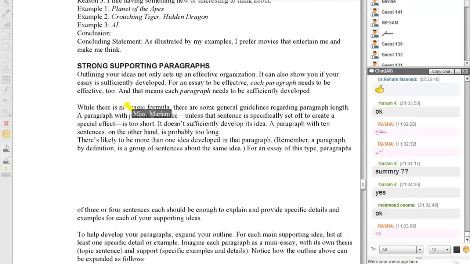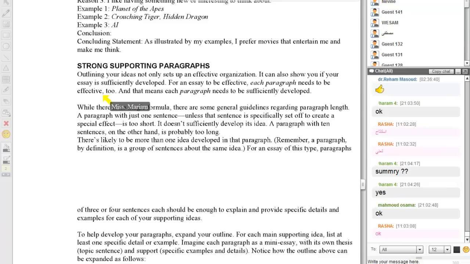Strong supporting paragraphs. Outlining your ideas not only sets up an effective organization, it can also show you if your essay is sufficiently developed.